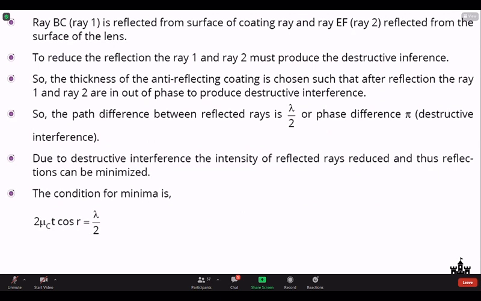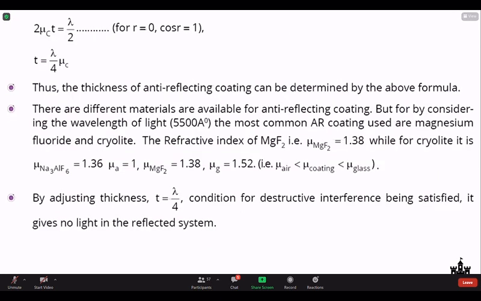Okay, this mu should be in the denominator here. So t is equal to lambda by 4 mu, and this should be the condition. So many a times, if the refractive index is equal to 1, then the thickness of the film should be lambda by 4, whatever light you are using.